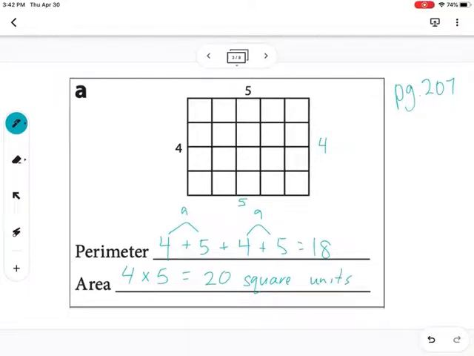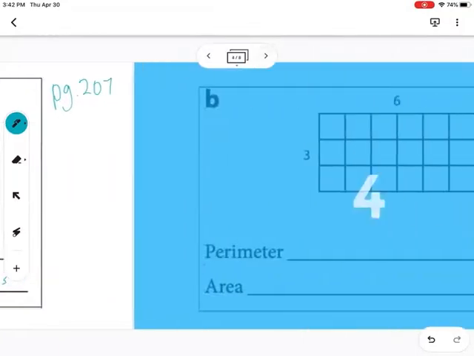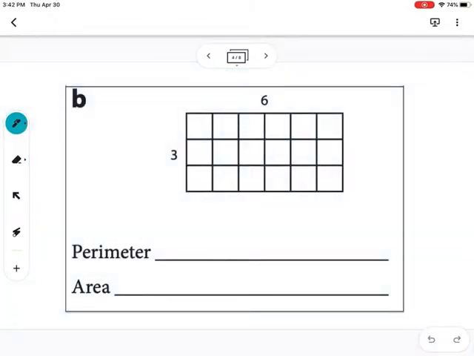All right, let's do another one. We're going to go a little faster now. Okay, to find the perimeter of this shape, we are going to add 3 plus, say it with me, 6 plus 3 plus 6. Let's see, 3 plus 6 is 9. Hey, it's 18 again.